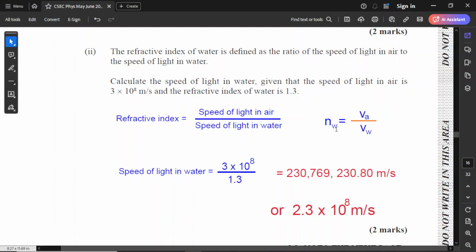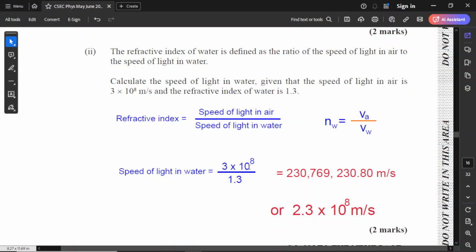And so the refractive index of water is equal to the speed of light in air over the speed of light in water. And based on this, we're going to have 3 times 10 to the 8 divided by 1.3. Just to make mention of this, the speed of light in water, which is VW, will be VA divided by N. I should have put that there as well.